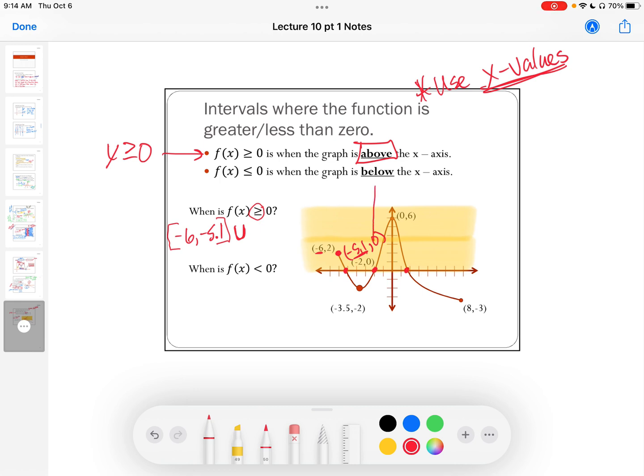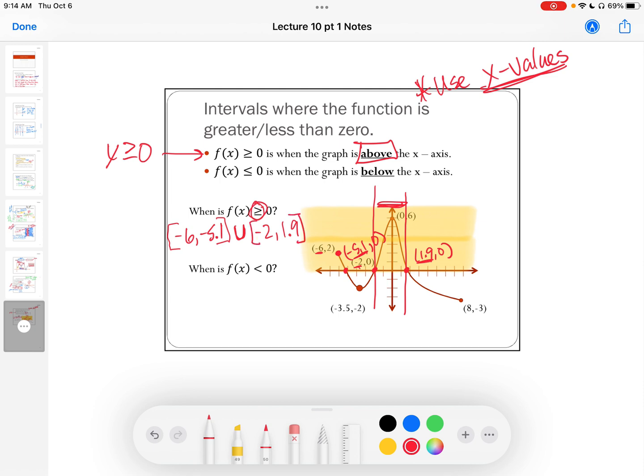I'm going to say that that is 1.90. Okay, so even though it's going up and then coming back down, in this interval here, it is above. So I could also say from negative 2 to positive 1.9, it is above because I'm only looking at my x values.